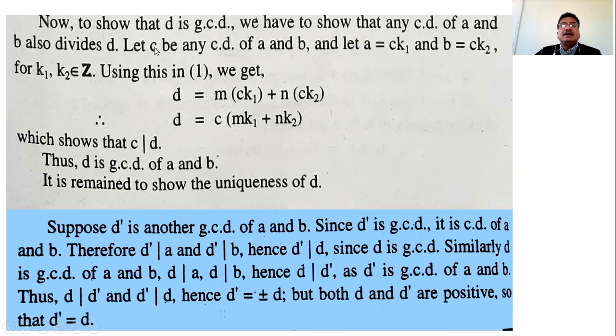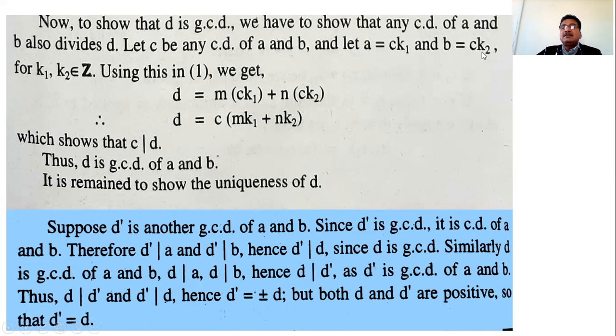So let C be any common divisor of A and B, meaning C divides A and C divides B. C divides A implies A is expressed in the form C times some integer, and C divides B means B is expressed in the form C times some integer.